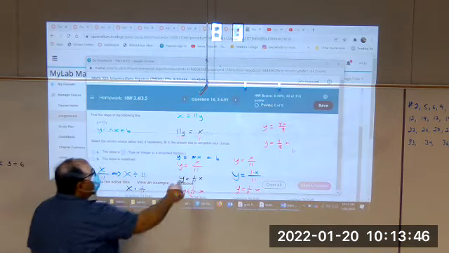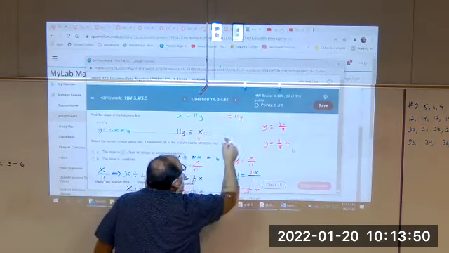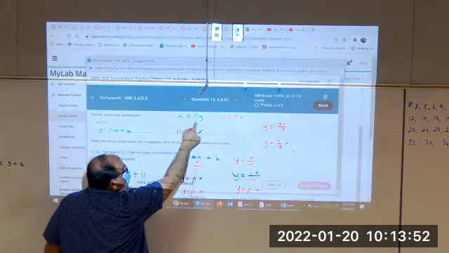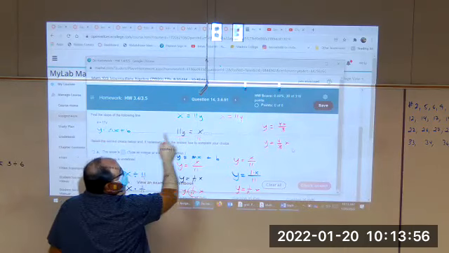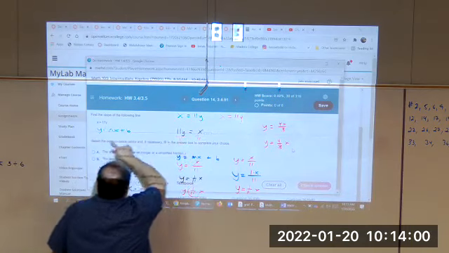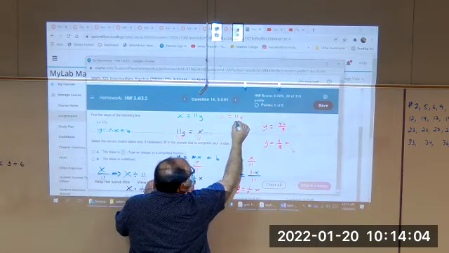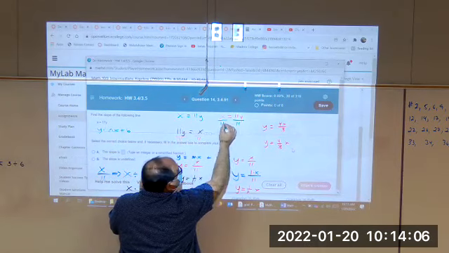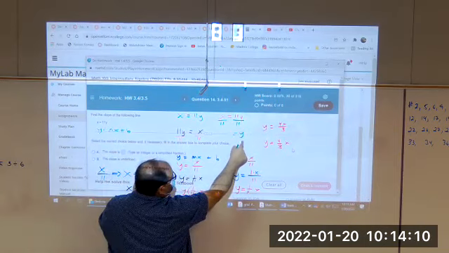Now, real quick. First thing I did was switch it around because we prefer y on the left side. You don't have to. The goal is to get y by itself. Well, I can just get y by itself, divide by 11. There's y by itself. That's what this is, y by itself.